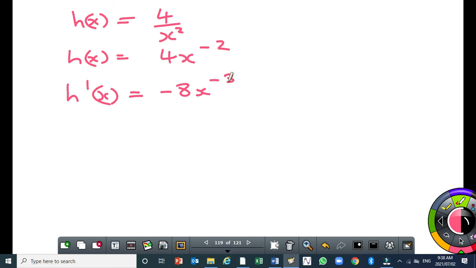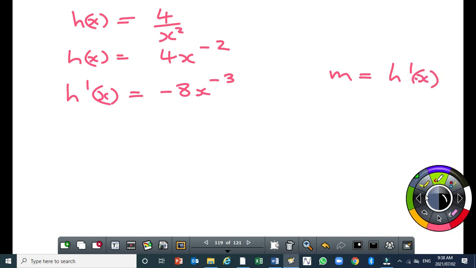All right? Now I found the first derivative. That first derivative, h prime of x, is equal to m. So if I want to find the equation of the tangent, I have to equate this h prime of x to m. And what's m?